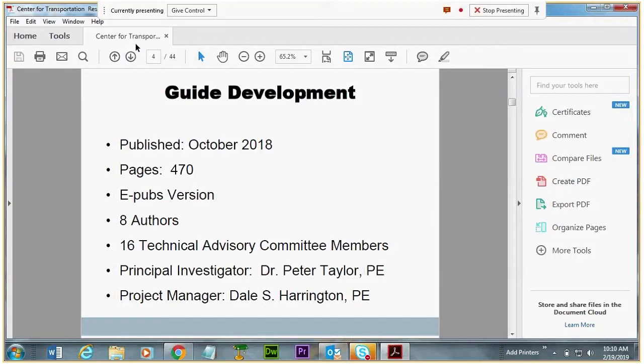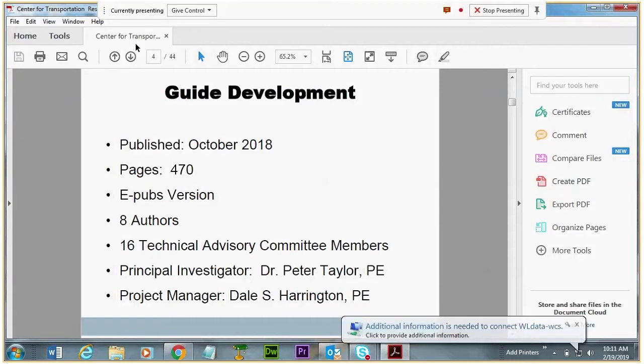It has 8 authors, very good authors: Gary Fick, Mark Snyder, Tom Kackler, Mike Ayers, Doug Schwartz, Kurt Smith, and Tom Van Dam. So that was quite a good group. And then they put up with me as one of the authors and the project manager. We had 16 technical advisory committee members.